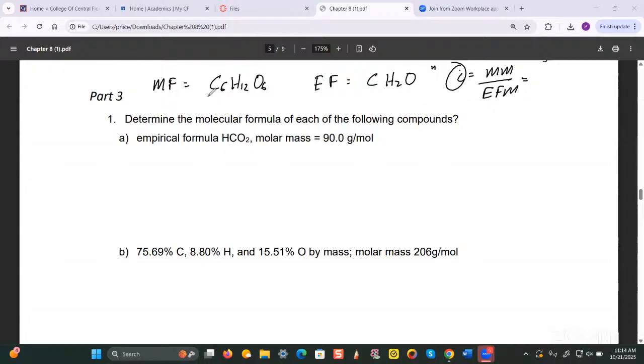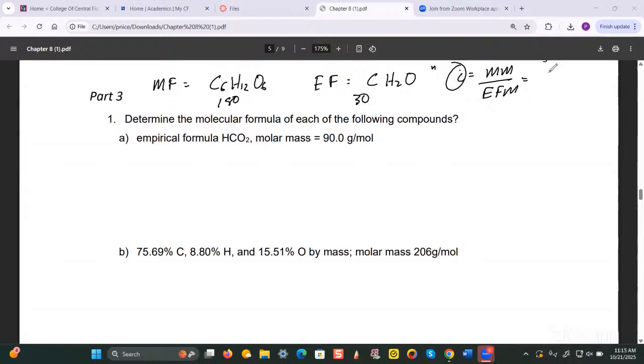So in the case of the glucose here, right? If I remember correctly, the molar mass is about 180. And in the case of the empirical mass, it is 12 plus 2 times 1.008 plus 16. So that gives you about 30, right? I'm just using estimates here, right?